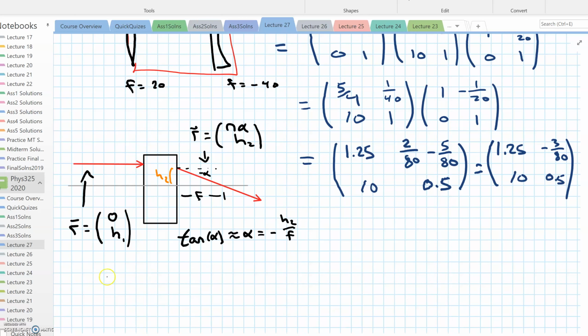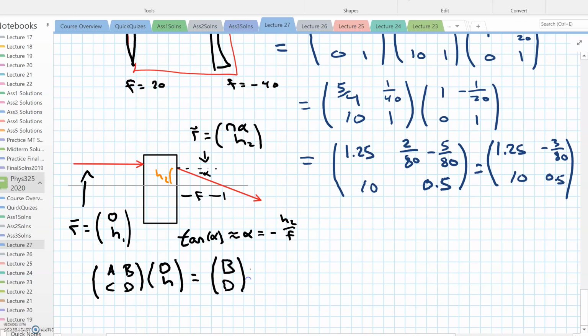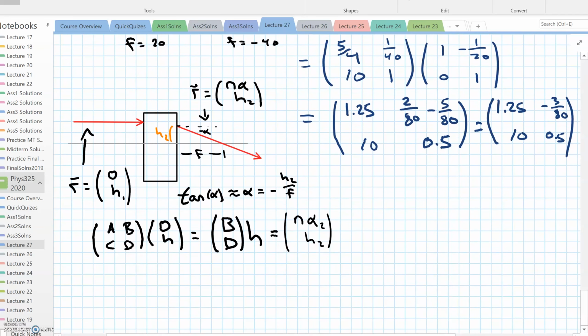But let's look at that in terms of the matrix picture. If we have a collimated input beam, and we plug it into some ABCD matrix, 0, H, that's going to be equal to, if we just grind through the math, just the B component and the D component times H. That should be equal to n alpha2 over H. And there should be an n there too.